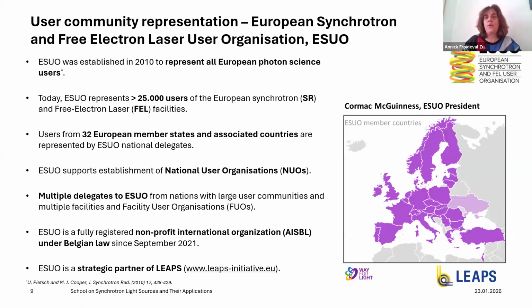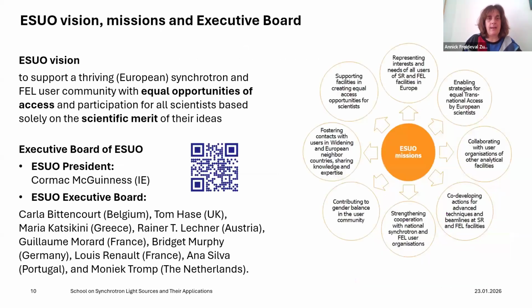This organization is representing European users from different European member states and associated countries, and they are composed of what we call delegates. The delegates are experts in different scientific fields, experts in synchrotron and FEL use, that can help you get advice on how to get access to the synchrotron facilities.